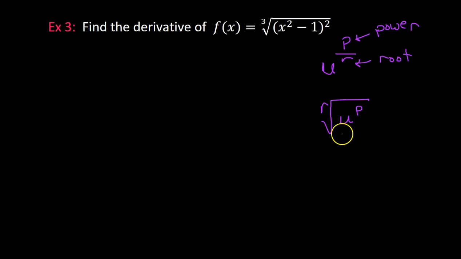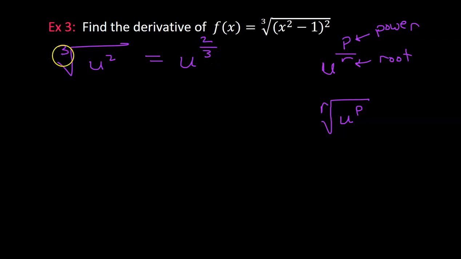Now, understand that this is a two-way street. So imagine that I gave you the cube root of u squared. This would be the same thing as a fractional exponent, u to the 2/3 power, because the fractional exponent is in the form power over root.